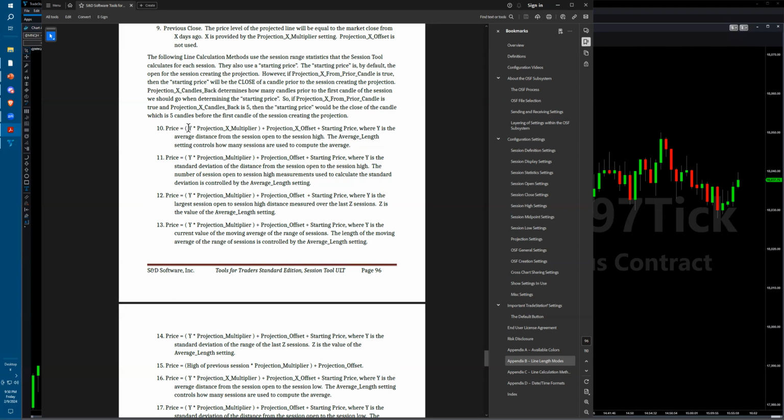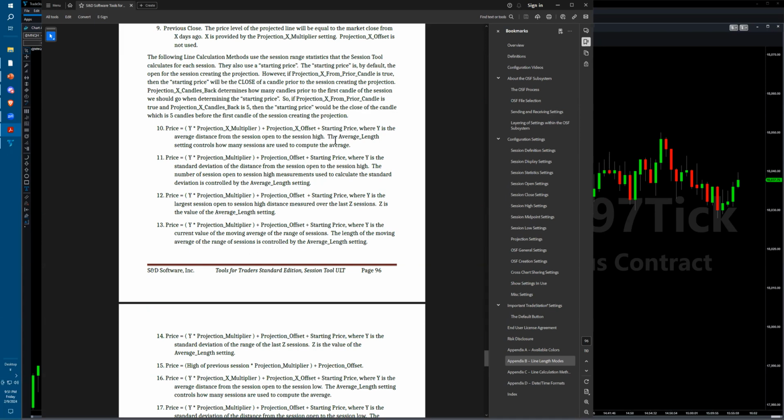So again, in this particular case, here you have the formula. It's going to be Y times the projection multiplier plus the projection offset plus your starting point where you're projecting from. And that's going to be, by default, the open of the session.